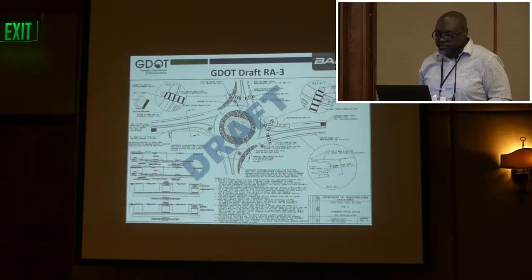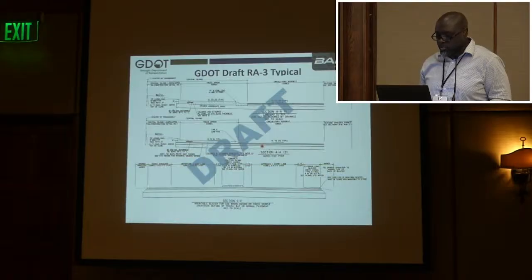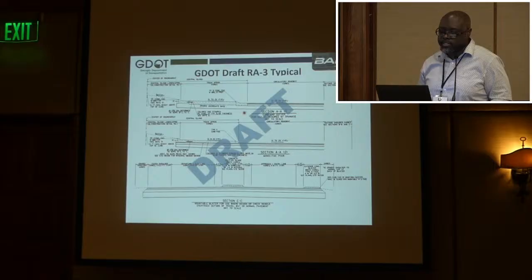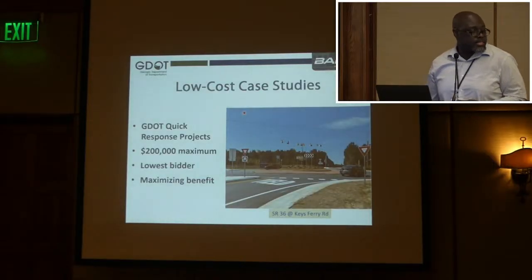And to zoom in a little further, it shows the monolithic central island, or you can have it with the capped curb and gutter section. So with that, I'll hand the rest of the presentation over to Scott Zehngraff.